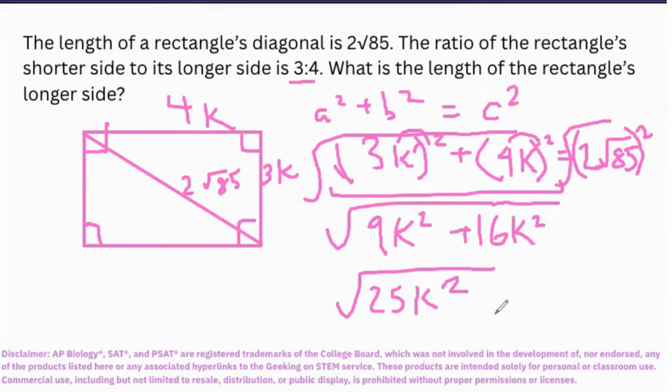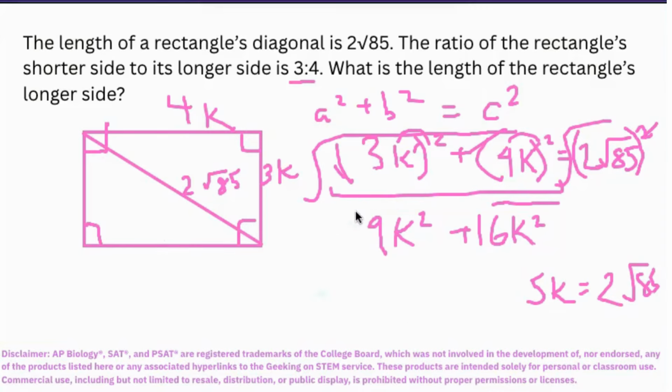If I simplify this further, square root of 25 is 5, and the square root of k squared is just going to be k. And this, because we took the square root of both sides, is going to be the same thing as 2 square root 85.